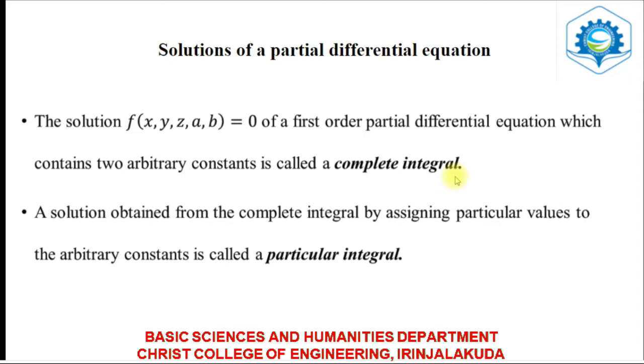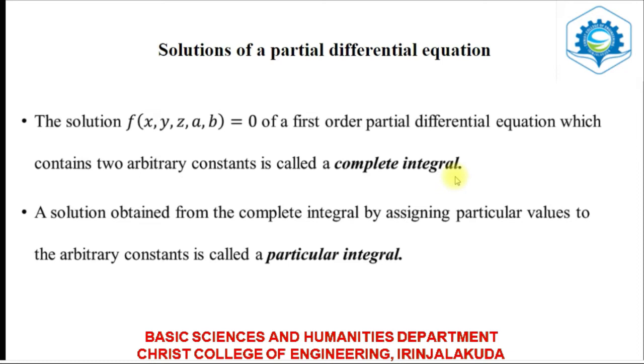On the other hand, when you have a first order partial differential equation with two variables, then definitely in your solution you will have two constants. Keep that in mind. Again, from a relation, if you have two arbitrary constants and two independent variables, you can form a first order partial differential equation by eliminating the constants.